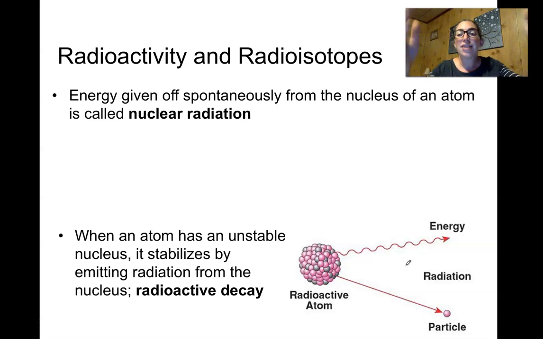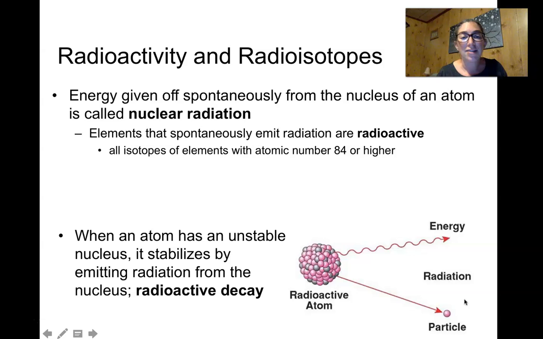It releases these energy waves. Sometimes it releases a particle, and that's what nuclear radiation is. So elements that spontaneously do this and just always emit radiation, we call them radioactive elements.